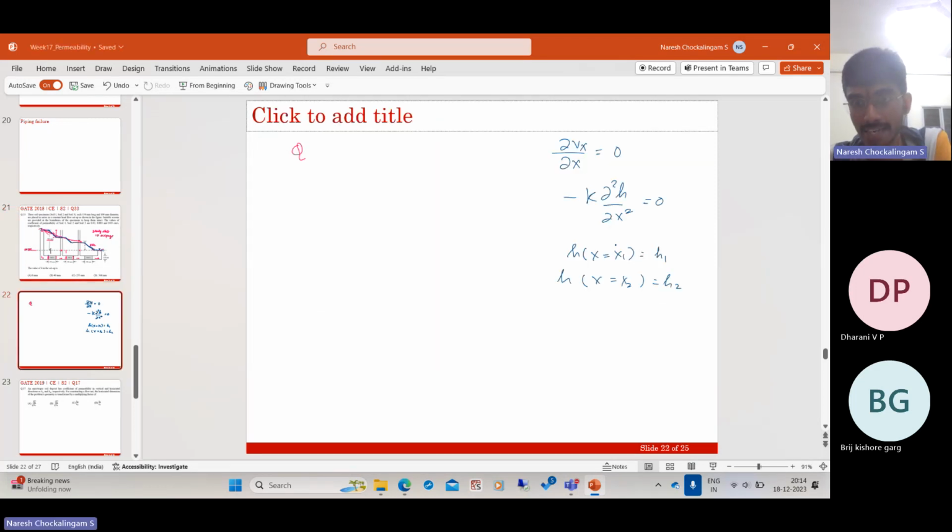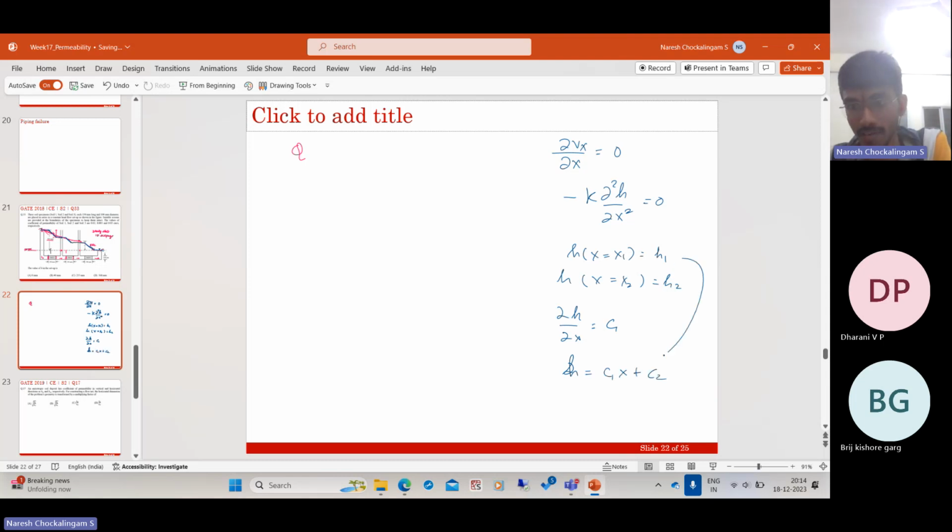If it is known, you can integrate this equation, right? If you integrate it once with respect to x, you take k to the other side, and you get ∂h/∂x equal to c1. And you integrate it again, you get h equal to c1x plus c2.